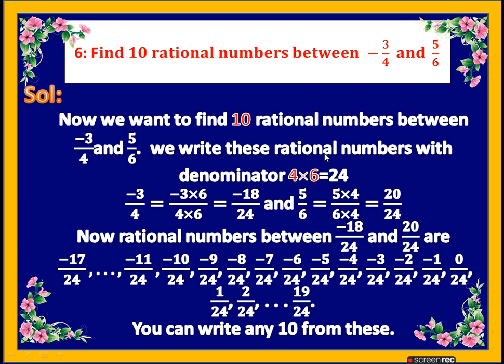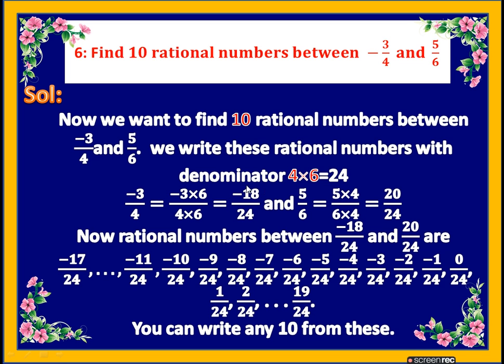Another number is 5 by 6. How can we change this 6 to 24? Yes, you have to multiply by 4, the numerator and denominator. 5 into 4 by 6 into 4, that is 20 by 24.